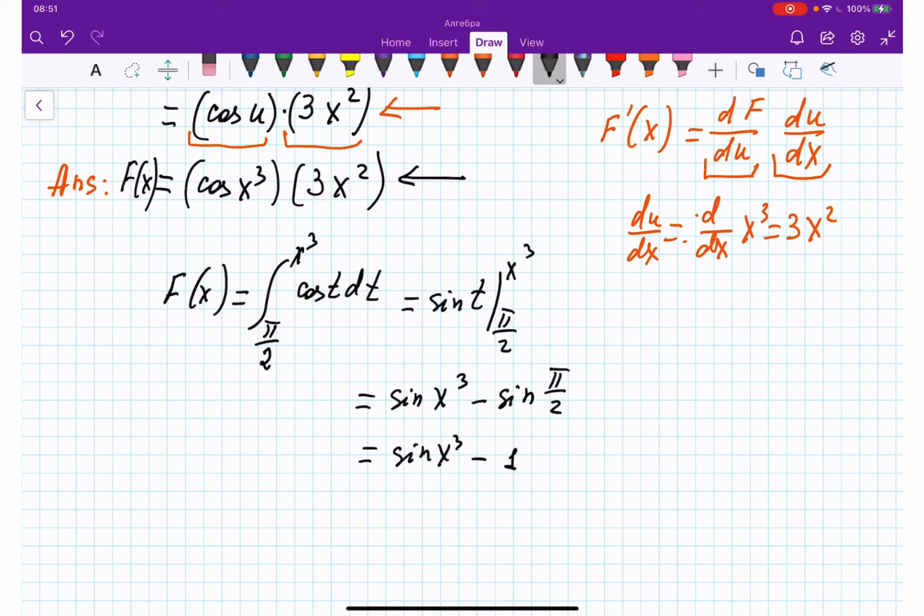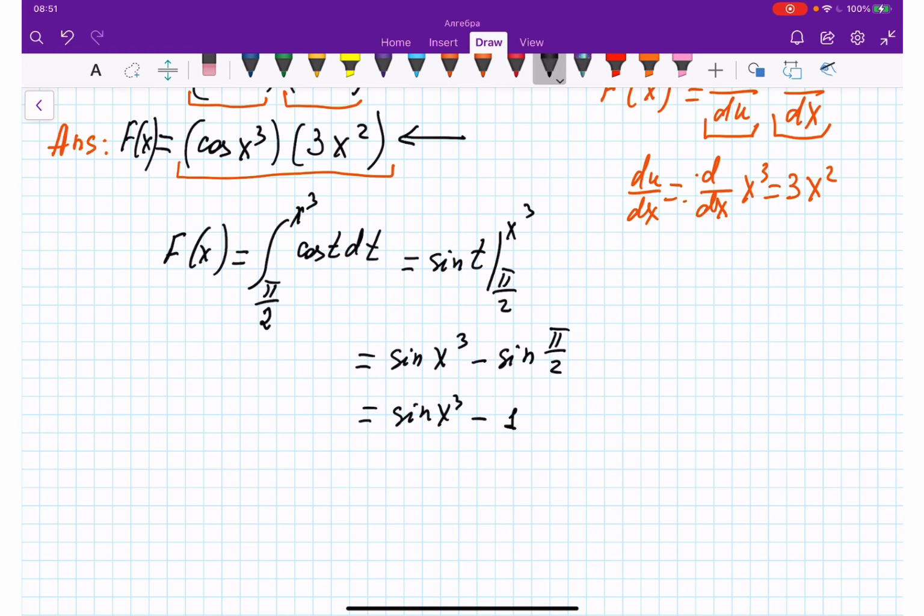So in this form, we can apply the power rule to verify that the derivative of f is the same as the one we got via the chain rule derivative, I mean this one.